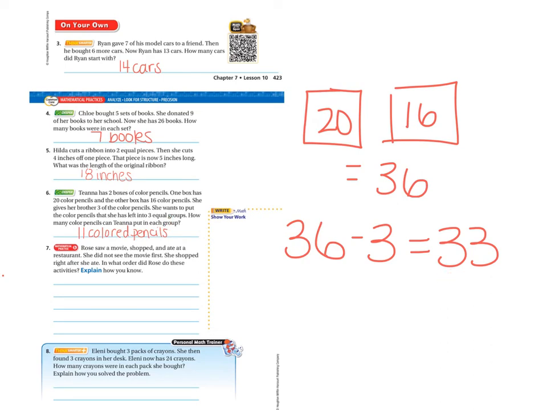So that would be 33 divided by 3 equal groups. If you needed to draw this out and draw your 3 groups and partition the 33, you could absolutely do that. Or if you already know this fact, 33 divided by 3 is, in fact, 11. So there is our answer. Tiana puts 11 colored pencils in each group.